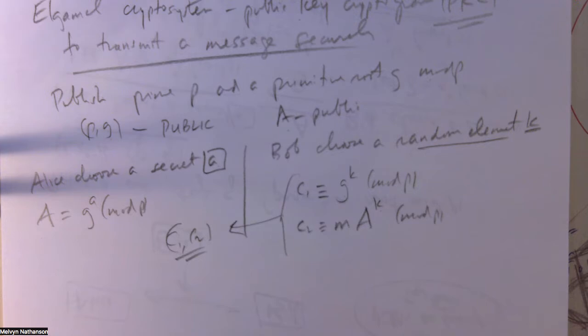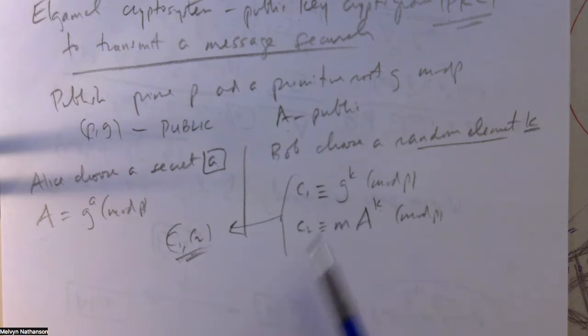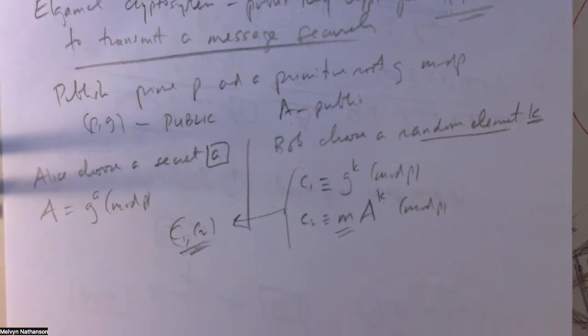Everyone can intercept and read this pair C1, C2, though that is not his message. And Alice needs to decrypt this message. The idea is to find the message M that Bob is sending her.